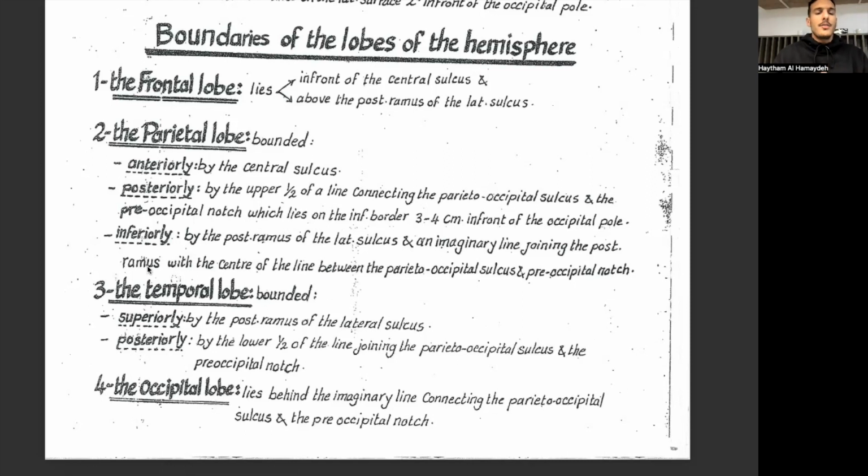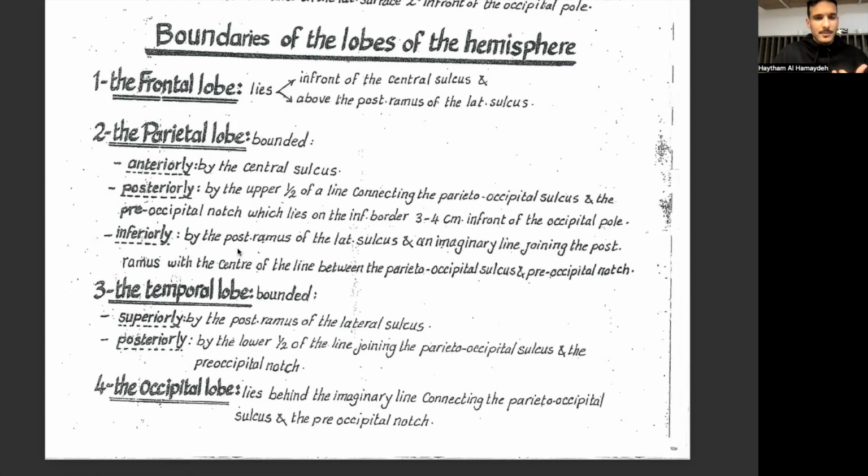Okay, inferiorly. So before I move on, that's basically an imaginary line that separates the parietal lobe from the occipital lobe. Just remember it's between the parieto-occipital sulcus and the pre-occipital notch. That imaginary boundary separates those two lobes from each other.